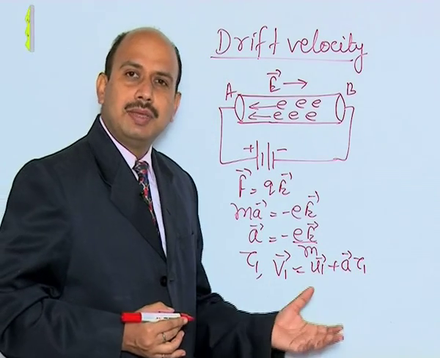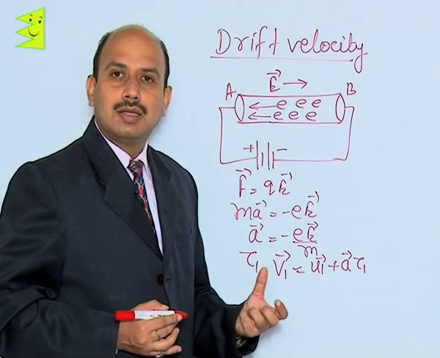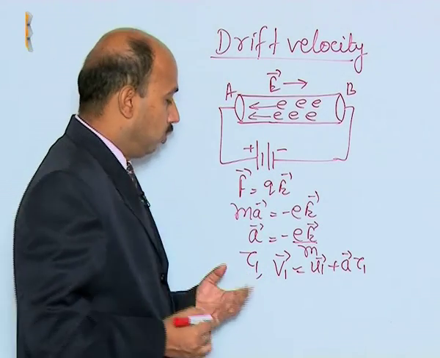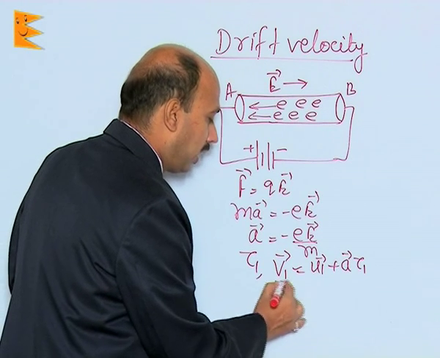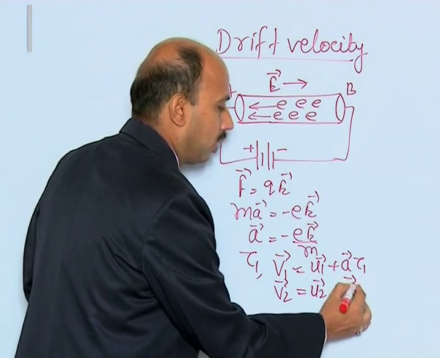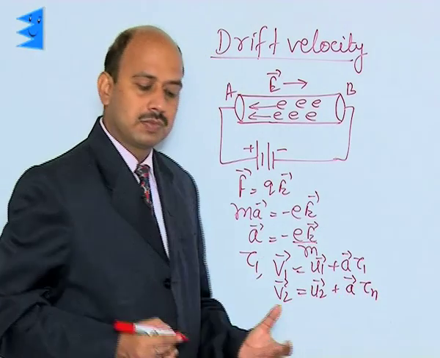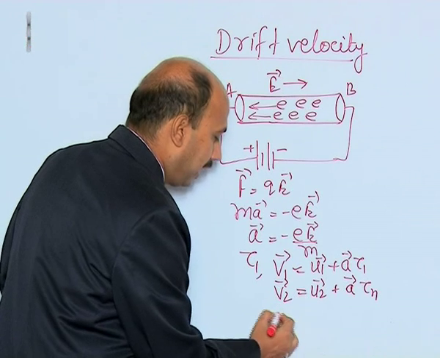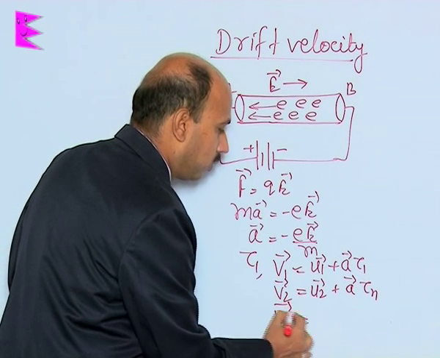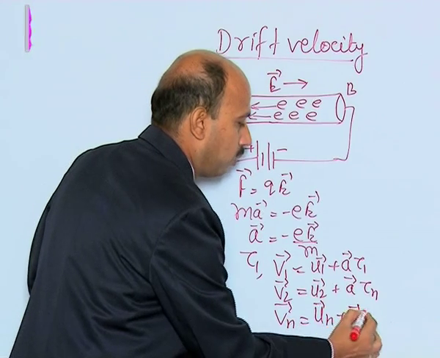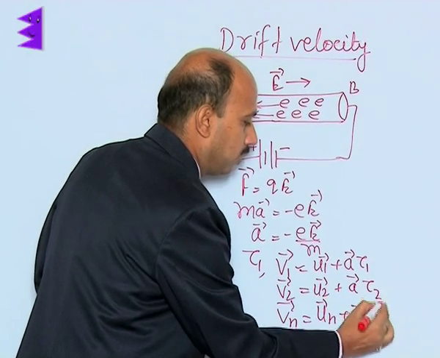Tau 1 is the time interval between two successive collisions of the electron. Similarly, for another electron we can write V2 is equal to u2 plus a tau 2. Now, there are n number of electrons, so we can write Vn is equal to un plus a tau n.